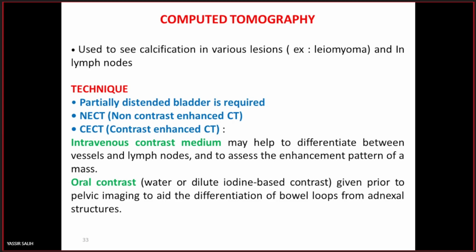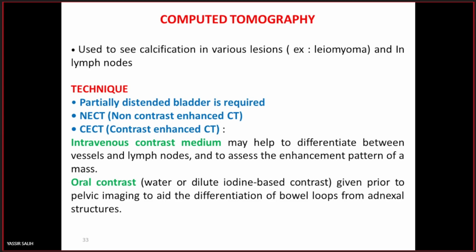If we want to do contrast enhanced CT, we give the patient contrast intravenously, because this contrast helps us in differentiation between the vessels, the lymph nodes and the pelvic structure. We know the vessels enhance with contrast, while lymph nodes do not enhance the same way as other structures if they are normal.